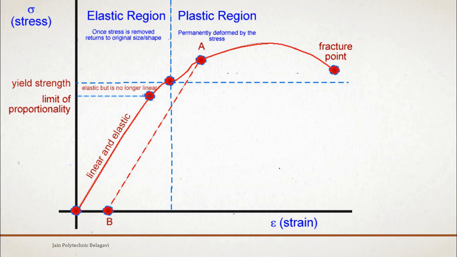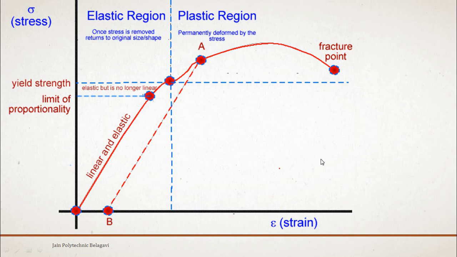So hereafter from this region, this is called the plastic phase. This is said to be the elastic region, the elastic limit we call it. So till yield strength, this is said to be the elastic limit.